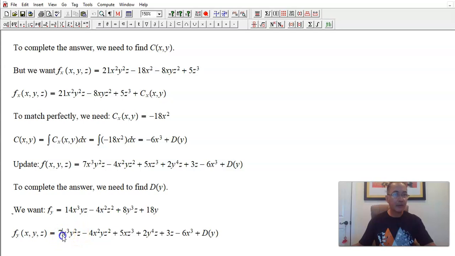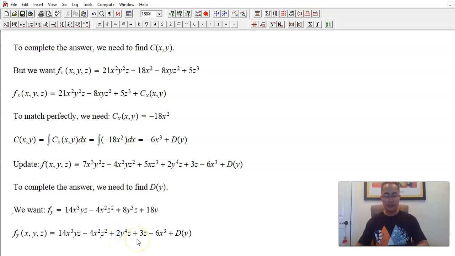I see a y squared, drop the 2, 14, and so far so good. I see a y there, power 1, so goodbye. I don't see a y there, so that entire term goes away. But I see a y to the 4th there, so drop the power, 8y cubed z, thank goodness, because that's over there. Partial y of 3z, goodbye. No y there either, goodbye.